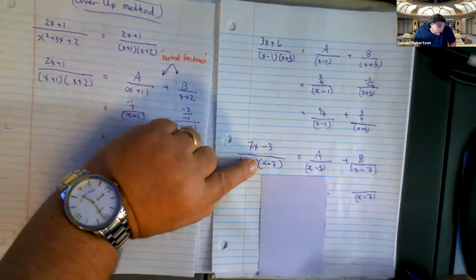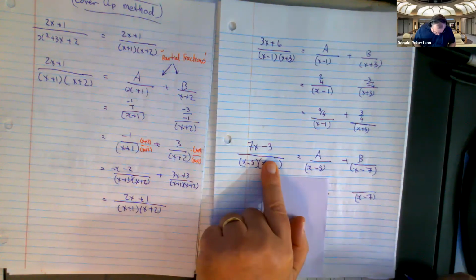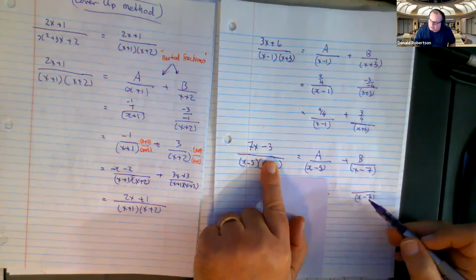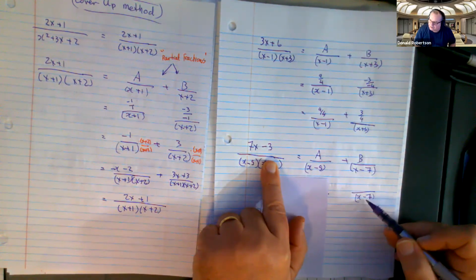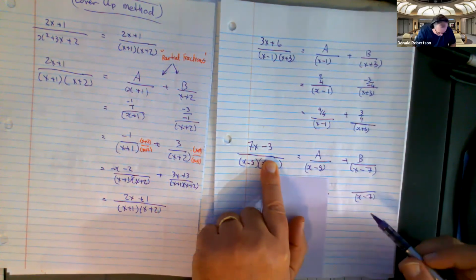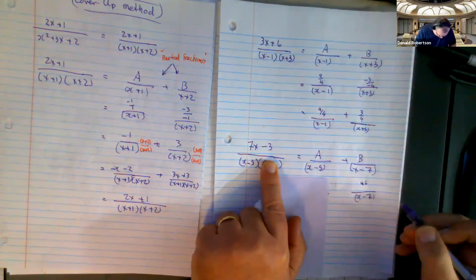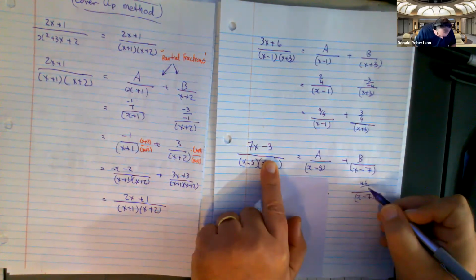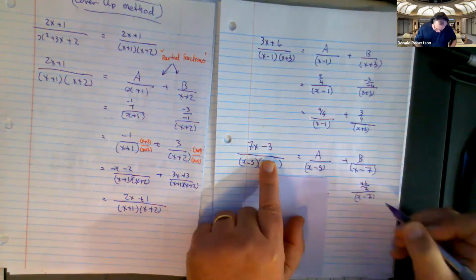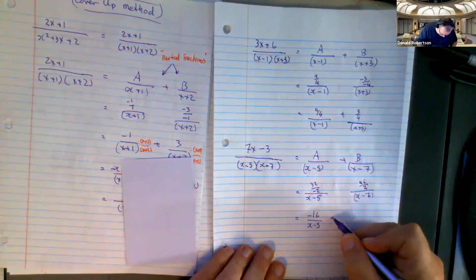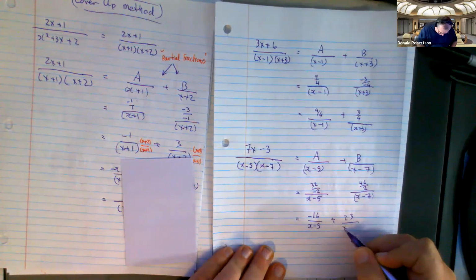I'm going to cover up the x minus 7 now. Would you agree 7 is the number to use? 49, take away 3 is 46. You lot are really good at picking nice numbers. And that ends up being 23 over x minus 7.